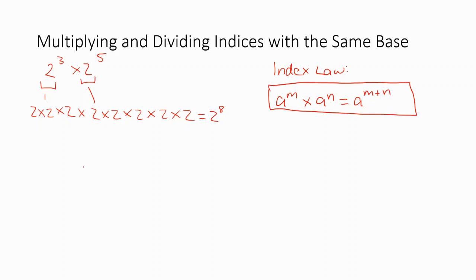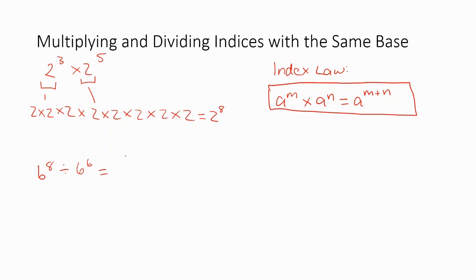What about division? Let's say we have 6 to the power of 8 divided by 6 to the power of 6. Now what I'm going to do here is write these in expanded form, and I'm going to use a division line instead of a fraction sign.